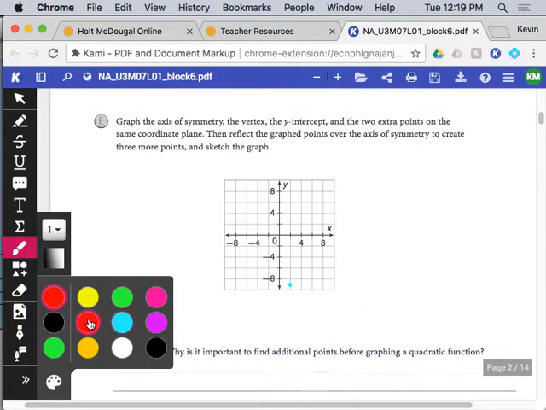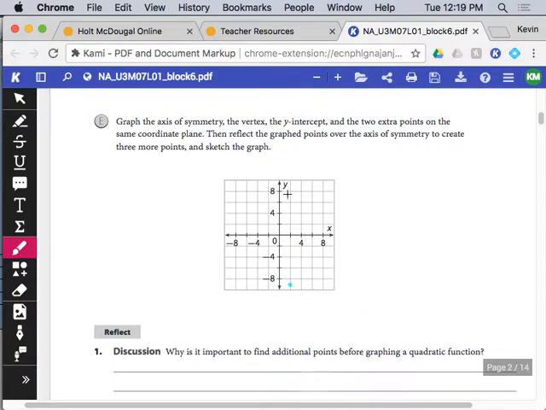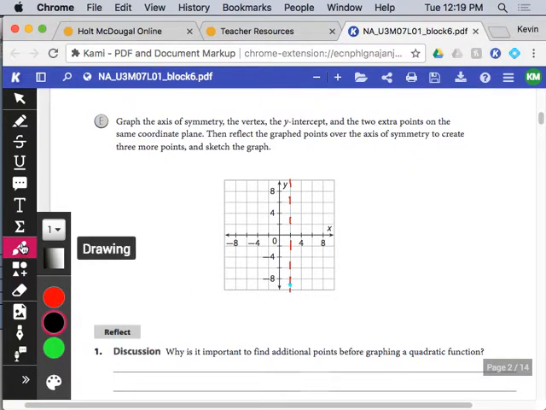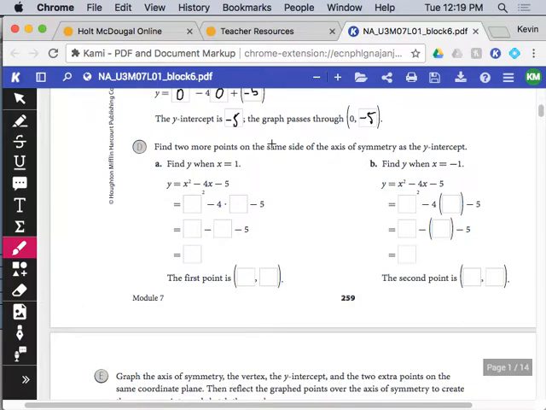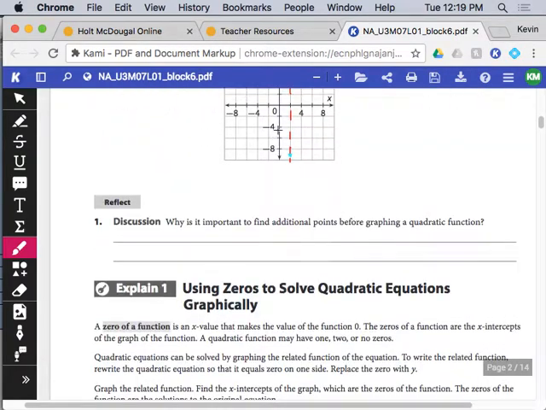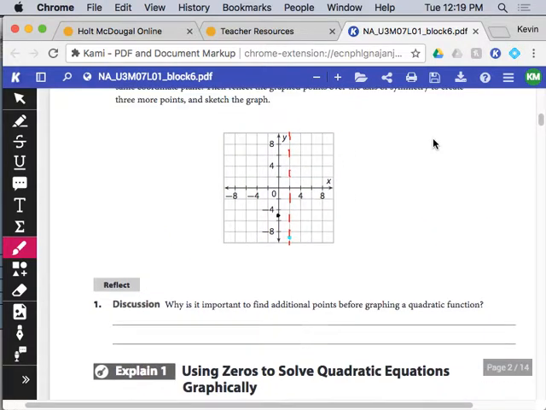Then we plot the axis of symmetry, which always goes through the vertex, at x equals 2. Then we plot the only other point that we have at the moment, which is our y-intercept at 0, -5. And that's what we have so far.